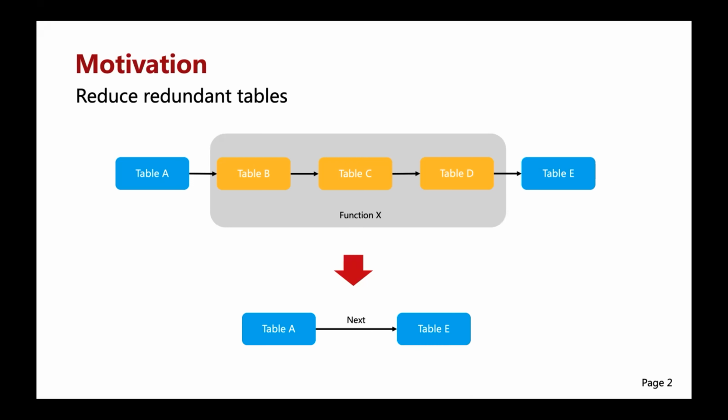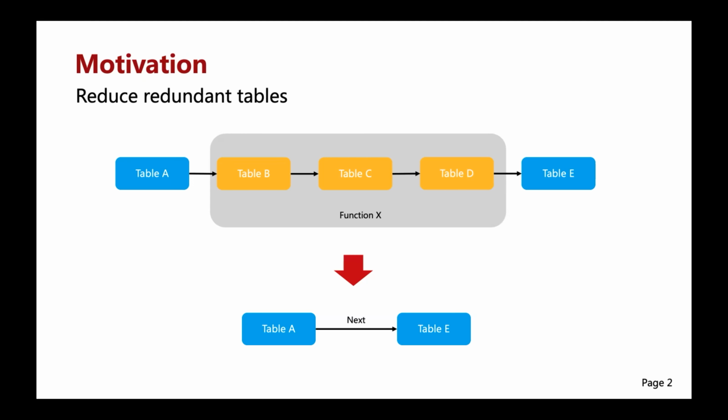And if a packet comes from table A, it will be sent to B, C, D, E. One way to resolve the issue of redundant tables is to modify the action in table A to let the packet go to table E directly, but this requires additional judgment.